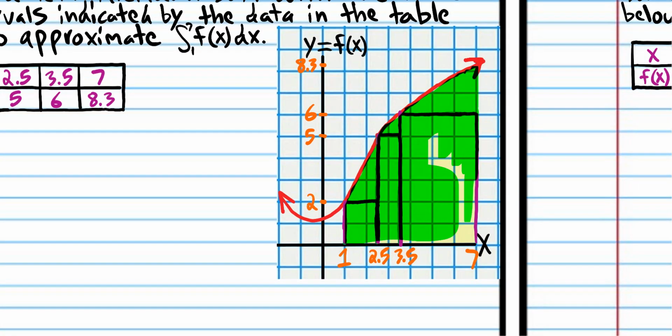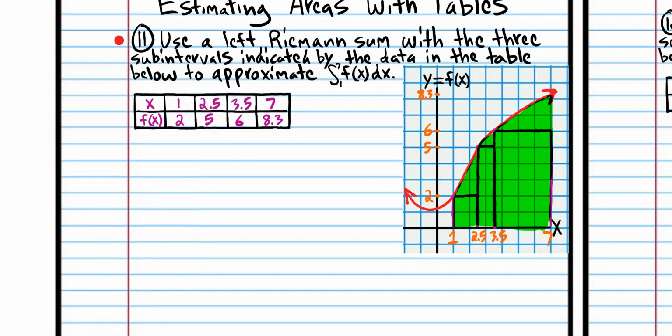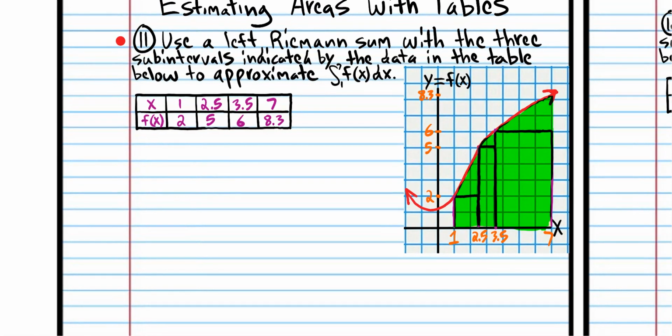Again, the area between that red graph and the x-axis. And that area is notated with this notation here. See that notation in blue? By definition, that notation means the area that you see there in green. It's just by definition, that's what that means.